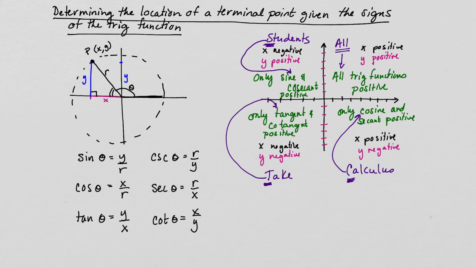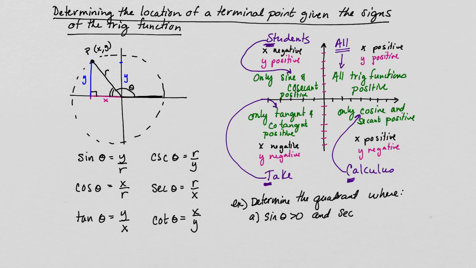Okay, so all that being said, we can now do problems like, for example, determine the quadrant where, okay, so the first one is going to be sine of theta is greater than 0 and secant of theta is greater than 0.